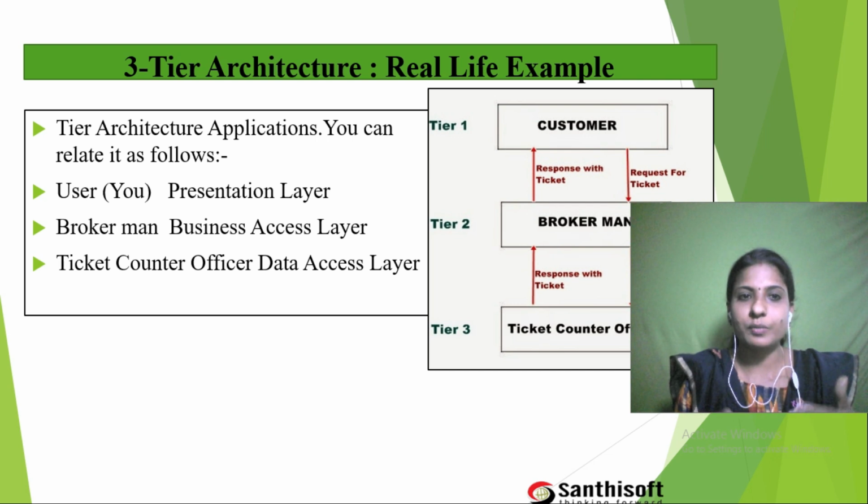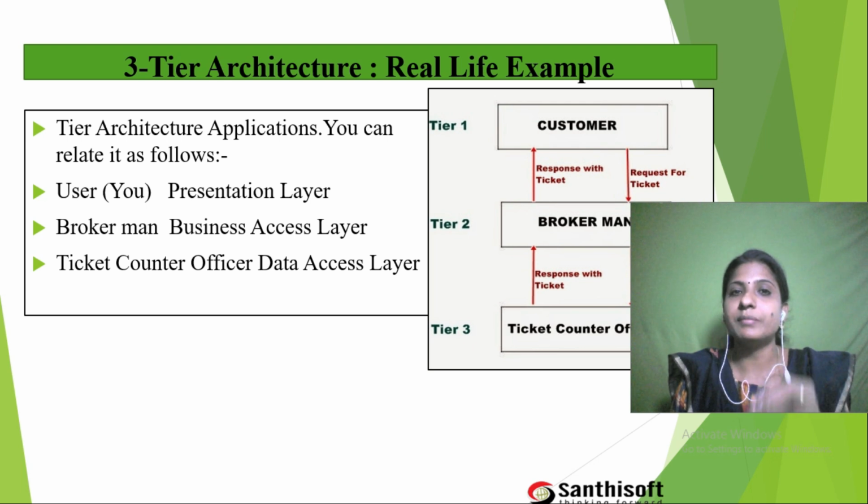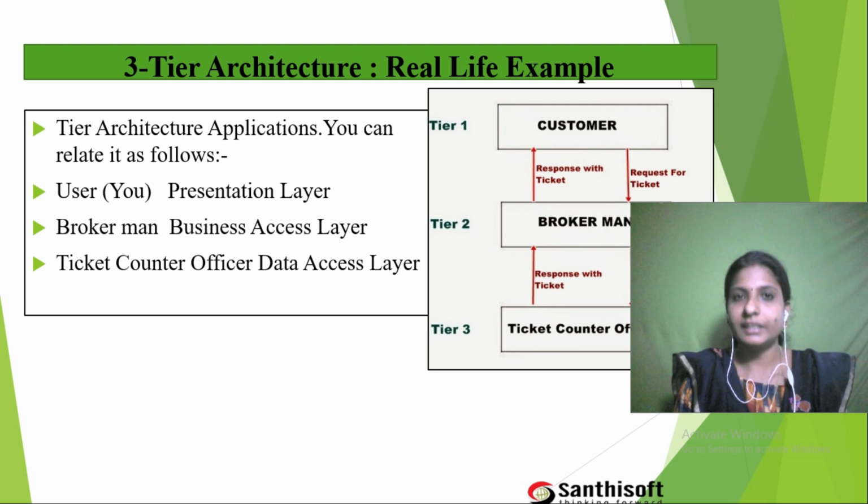So I will explain the architecture application over here. See, the user acts as the presentation layer. User means us, as the presentation tier. The broker acts as the business access layer. And the ticket counter officer is the data access layer. See, tier 1, the customer. The customer gives a request for the ticket to the broker.